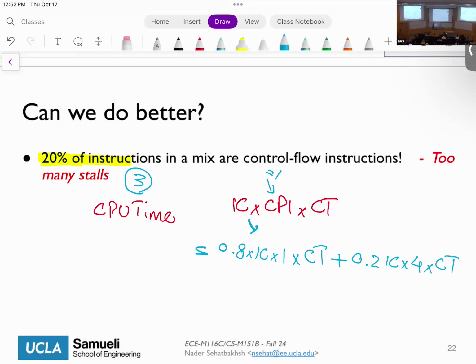So it's a weighted average between these 2 numbers. And then if you measure the speedup, which is the old CPU time divided by the new, you will see that this actually has a huge performance hit just because we are stalling by 3 cycles. Okay.